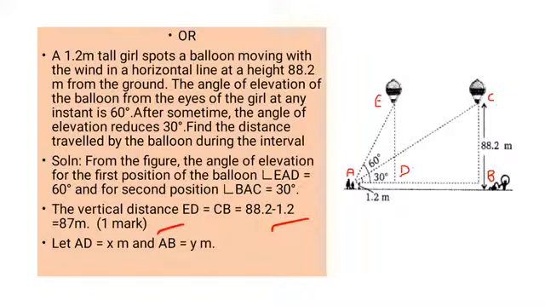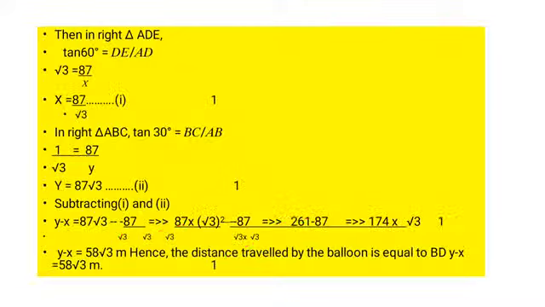Let AD is equal to x meter, AB is equal to y meter. Then in right triangle ADE, tan 60 is equal to DE upon AD, or root 3 is equal to 87 upon x, or x is equal to 87 upon root 3, that is equation 1.